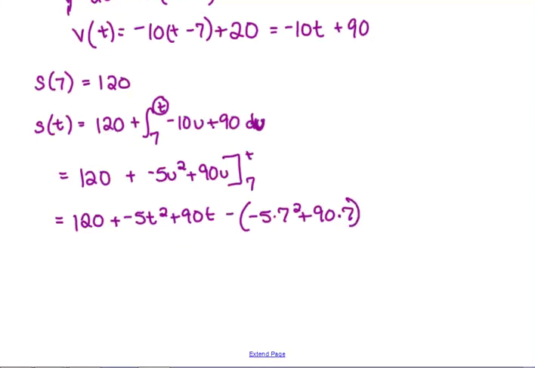Now, I think that we can stop right here, but I know that's kind of a tough place for most of you to leave it. So we need to simplify. So we have 49 times negative 5. So 5 times 9 is 45. 5 times 4 is 20. So that's negative 245 plus 630. So 630 minus 245.